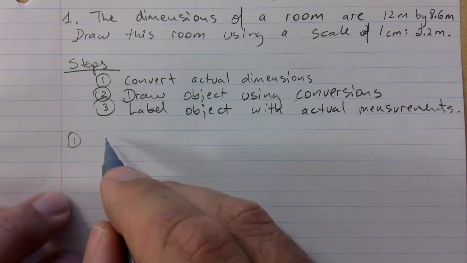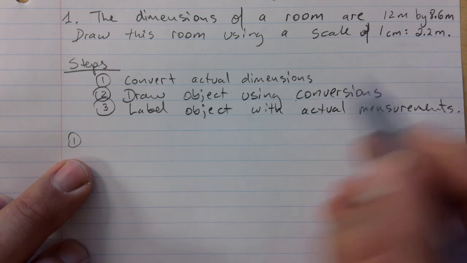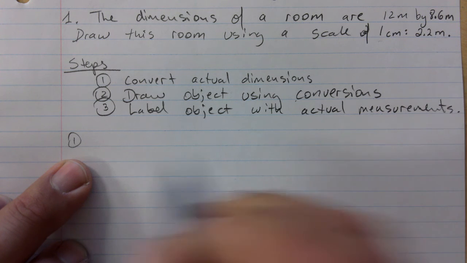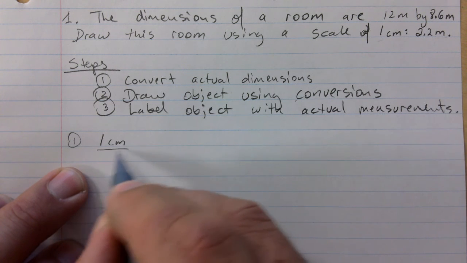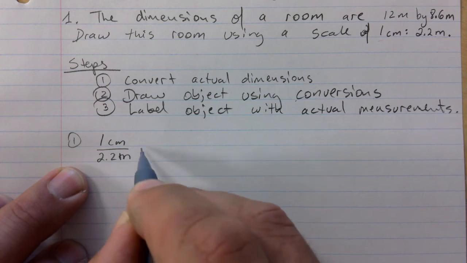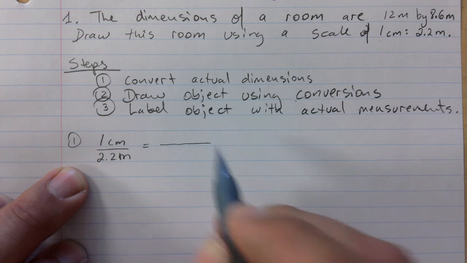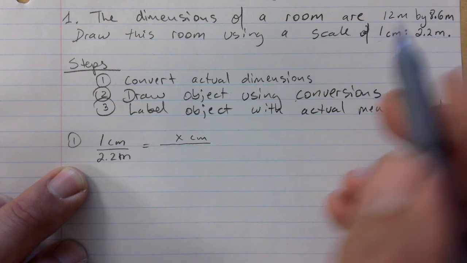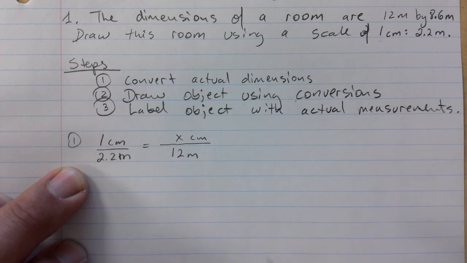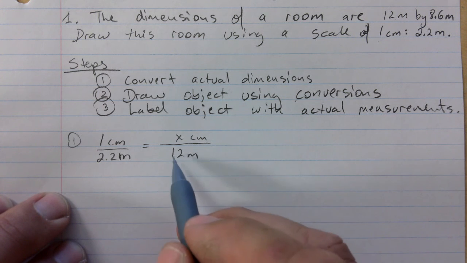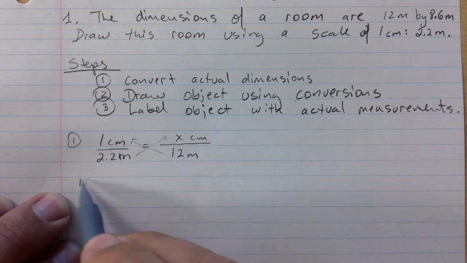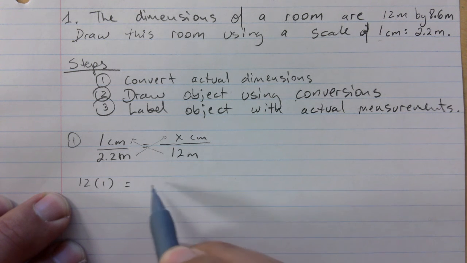So basically what happens here is that if 1 centimeter is 2.2 meters, right? And you're going to calculate, right? How many centimeters would it be for 12 meters? Okay. So you cross multiply. Okay, so that's 12 times 1, it's 12, right?